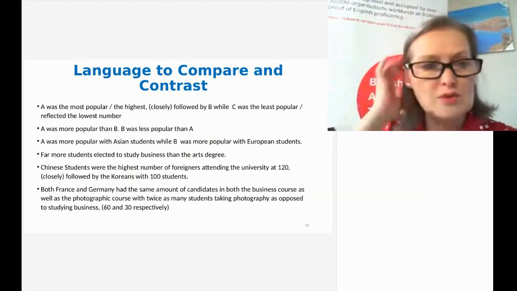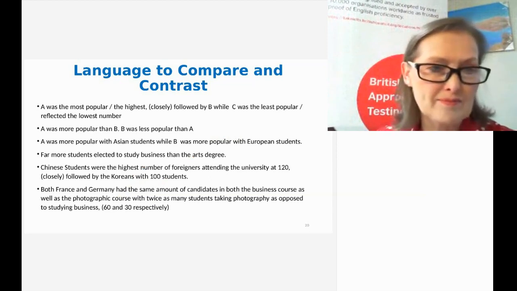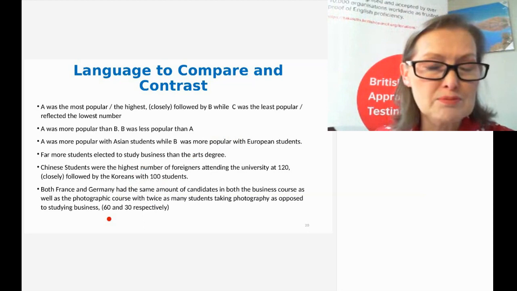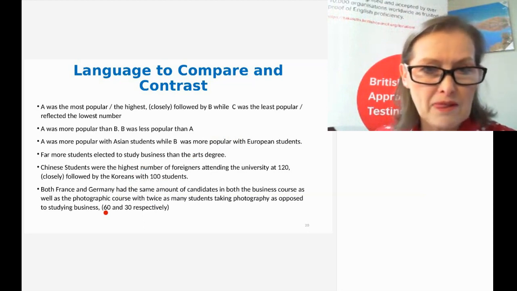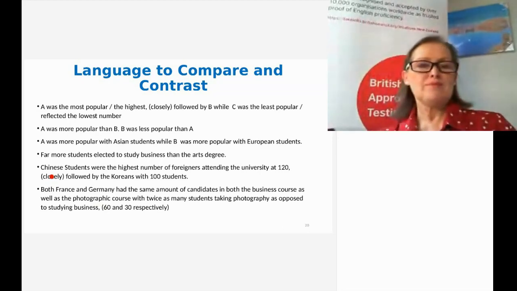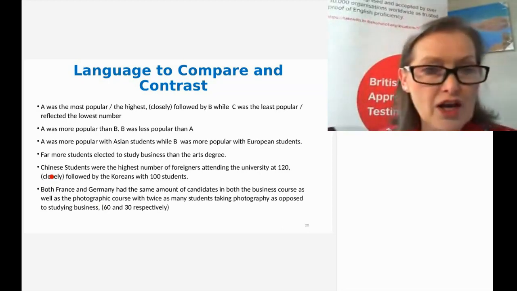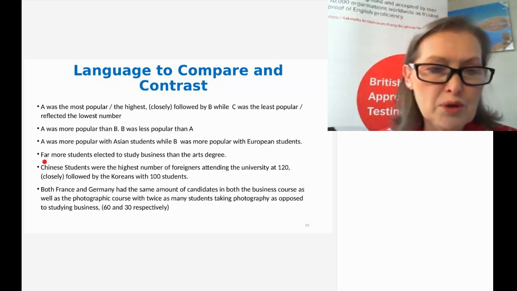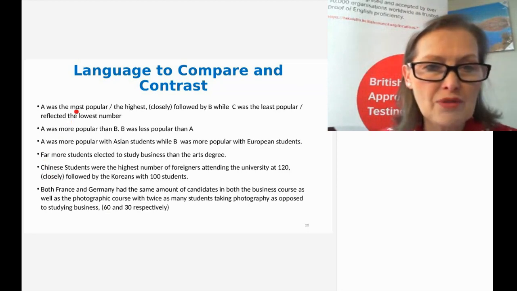So I'm going to talk about A, for example. Course A was the most popular. Or the number of Chinese students was the highest, for example. So have a look here. We've got our superlative language, the most popular, and we've got the highest. Okay.